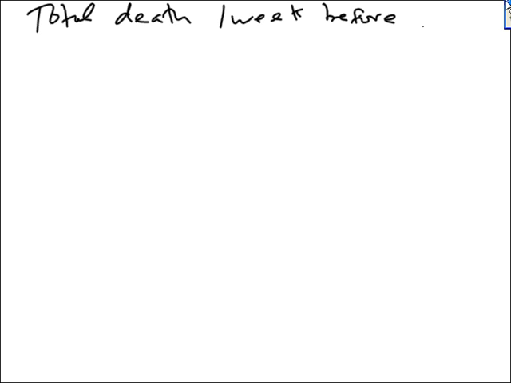Okay, so suppose that the total death in the week before and after Thanksgiving is 12,000. That is, 12,000 people died within that two-week span, right before Thanksgiving, right after Thanksgiving.